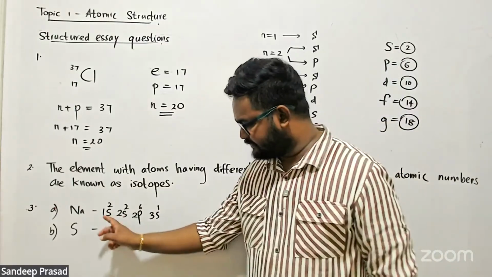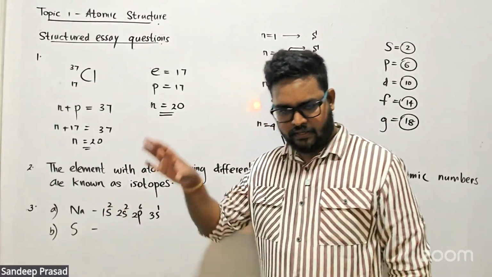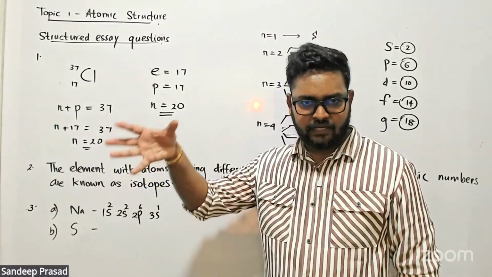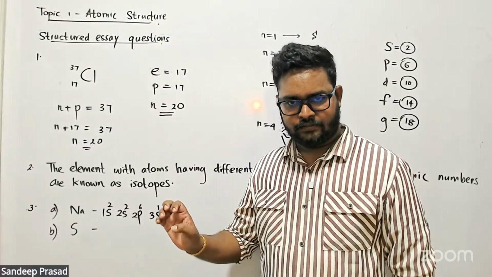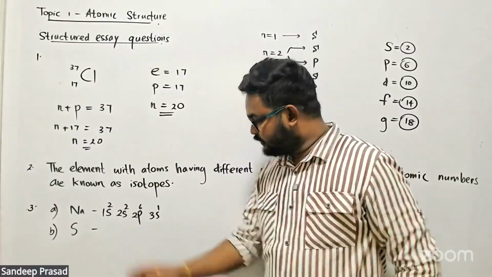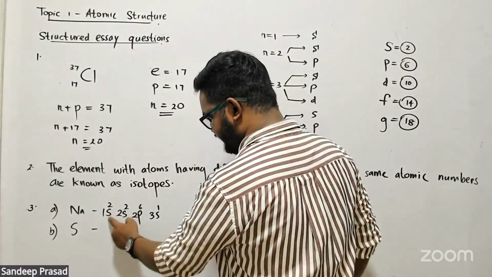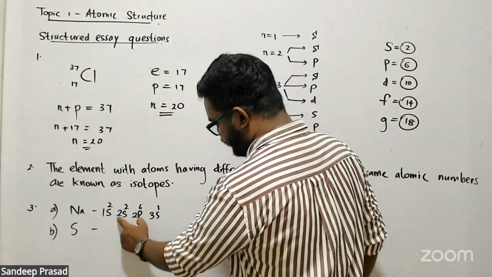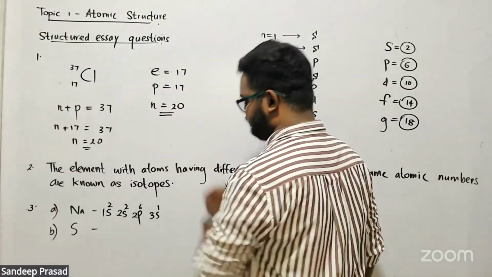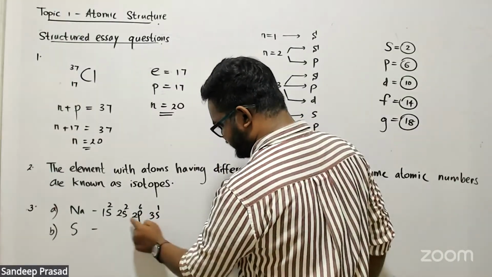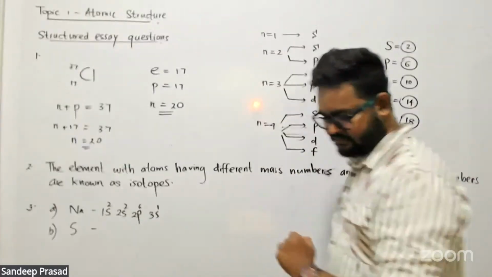Now here, sodium's configuration. Look at this. In the second principal energy level, you can see that 1s means first principal energy level, s sub-energy level. 2s means second principal energy level, s sub-energy level. 2p means second principal energy level, p sub-energy level.